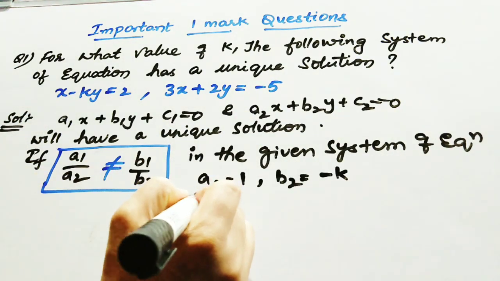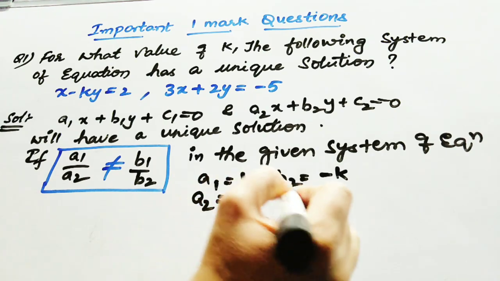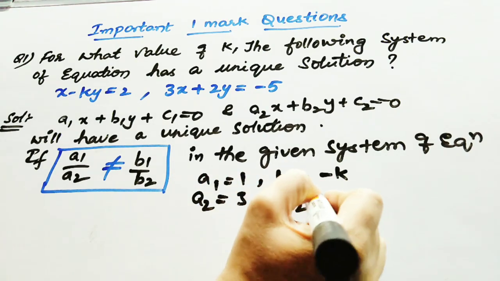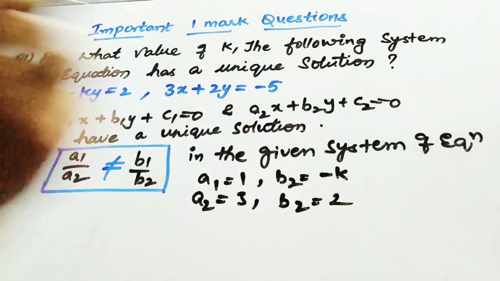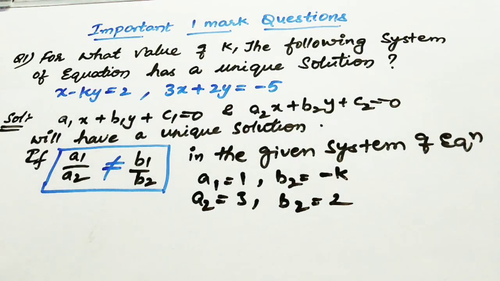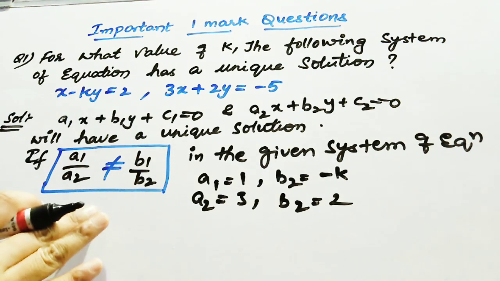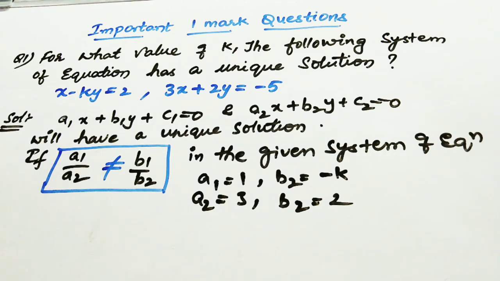What is your a2 value? a2 is 3 and b2 is equal to 2. After finding the values of your coefficients, substitute in your formula. What is your condition? To get a unique solution, it must satisfy a1 upon a2 is not equal to b1 upon b2. If it is true, then it is a unique solution.